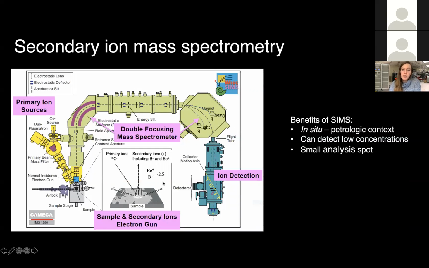And SIMS is beneficial because it's an in situ process where you have context, you can detect low concentrations, and you can have a small analysis spot. One thing to always be reminded of with SIMS is that during the sputtering process, some elements sputter more easily than others. So this has to be corrected for.